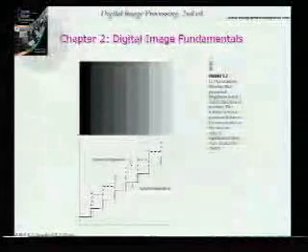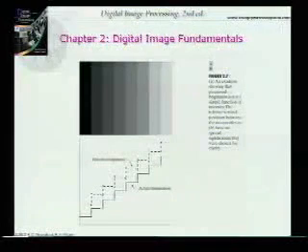I like to go to this picture here and spend a few minutes talking about that. So what we have here is a sort of a staircase function where as you move from left to right, the intensity level increases.